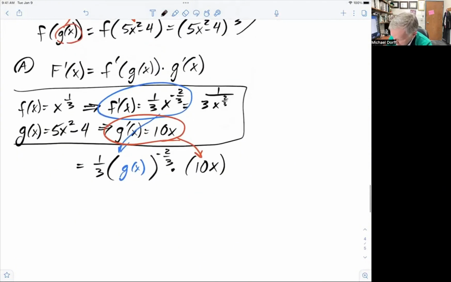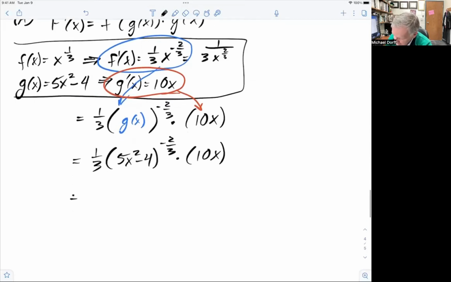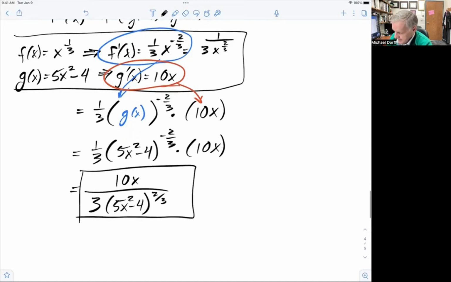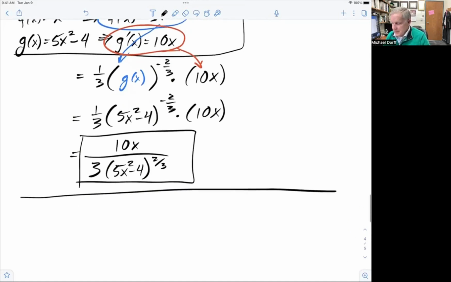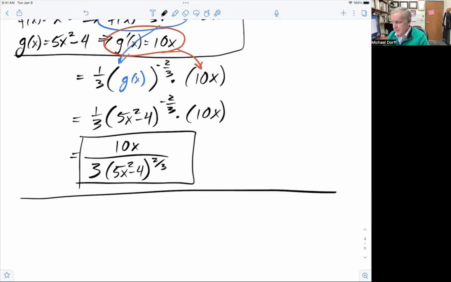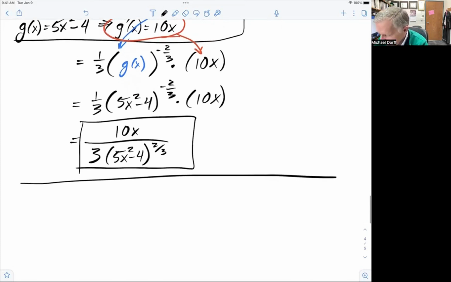If I write that out, I've got 1/3, and I replace g there, which is 5x squared minus 4 to the negative 2/3 power, times 10x. Rewriting that, I could put the 10x on the top, put the 3 in the bottom, and put the 5x squared minus 4, in parentheses, to the 2/3 power in the denominator, and I get that. I could also do this by the box method, but I'm not going to on this example. I'll just go back and forth between not doing the box and doing the box. But this is the correct answer going through this method.